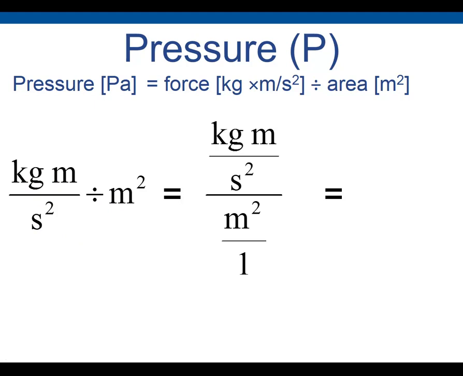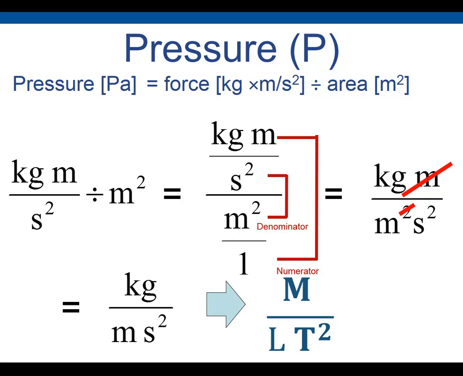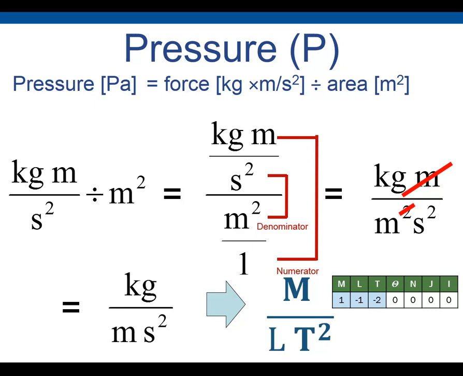We can calculate the numerator and denominator and delete the extra L. So M divided by L times T squared. Here we have 1 M, -1 L, and -2 T.